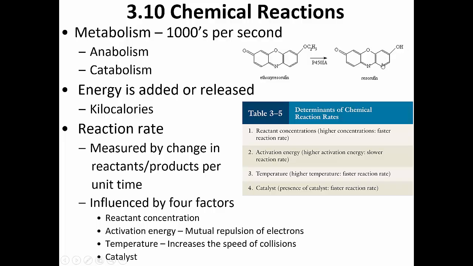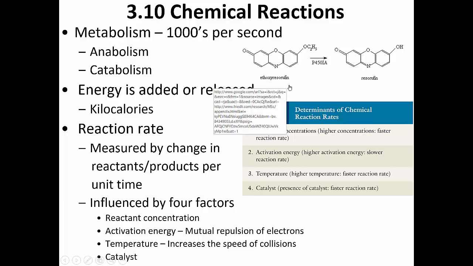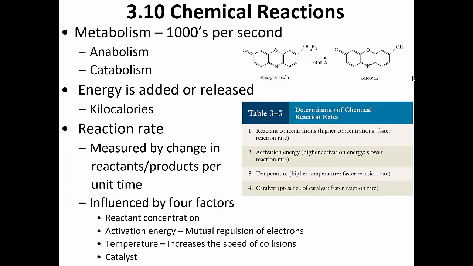So in vitro, cytochrome P450-1A, also known as P450-1A, converts ethoxyresorufin, an orange non-fluorescent substrate, to resorufin, a pink fluorescent substrate. This is a convenient way of measuring the speed of this enzymatically catalyzed chemical reaction by measuring the production of a product per unit time.